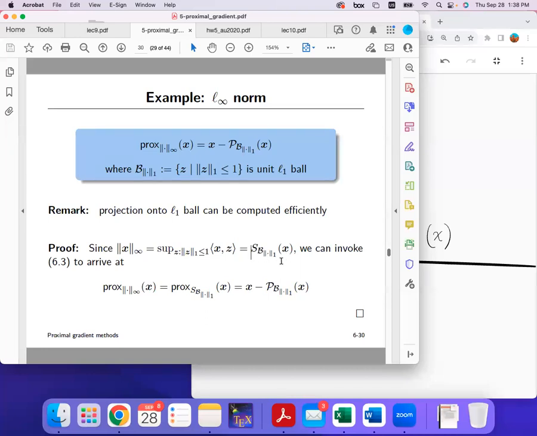Therefore, we can leverage the result in the previous slides. So the proximal operator is basically the proximal operator associated with this support function, and therefore it's given by X minus the projection onto the L1 ball. And then this term can be computed using some other algorithms efficiently. Projection onto the L1 ball.